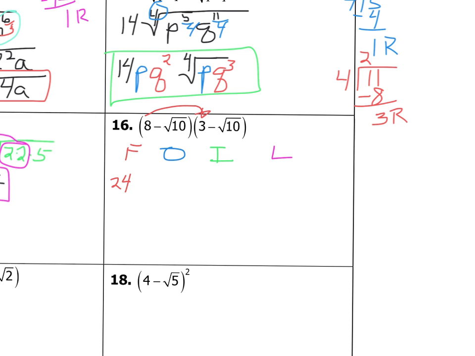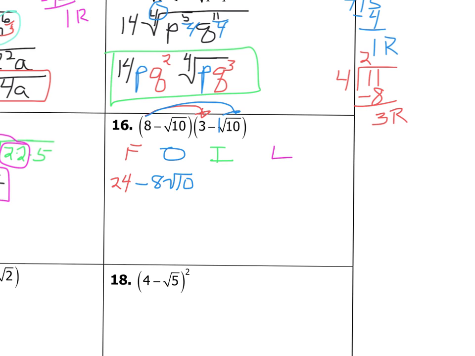And then for my outer, that's the outer two terms, I'm going to multiply the 8 to, there's a 1 in front of here. So I've got the 8 times the 1, and we're just going to tack on radical 10, just as if we're multiplying 8 times negative x. Wouldn't it be negative 8x? So 8 times negative radical 10 is negative 8 radical 10. So minus 8 radical 10.